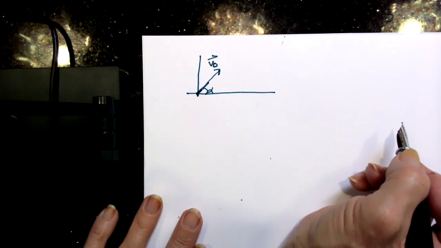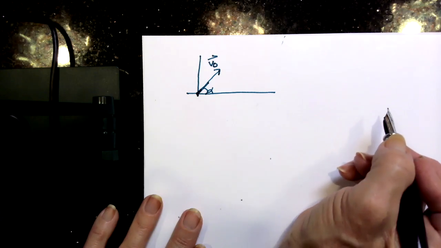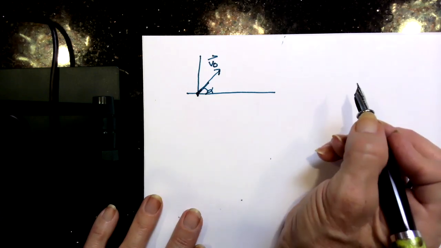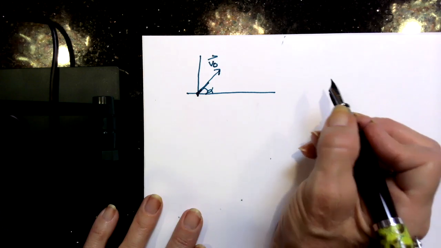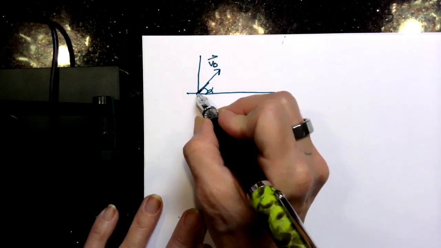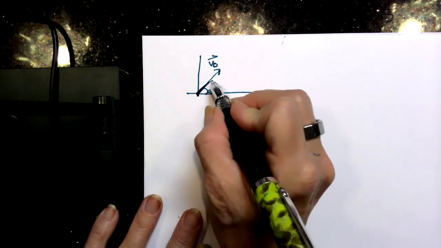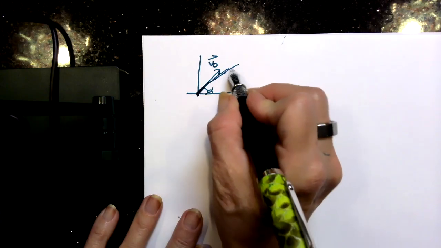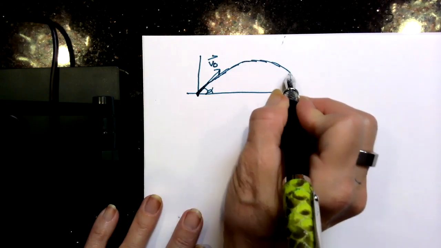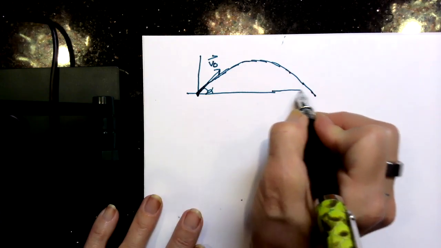And that's constant in some direction, so it has an x and a y component. And when that projectile is fired, it starts with that initial velocity. You know what it's going to do. It's going to go up for a while, and then it's going to come down, and then hit the ground.